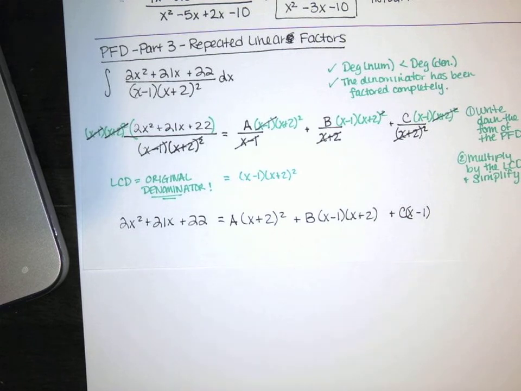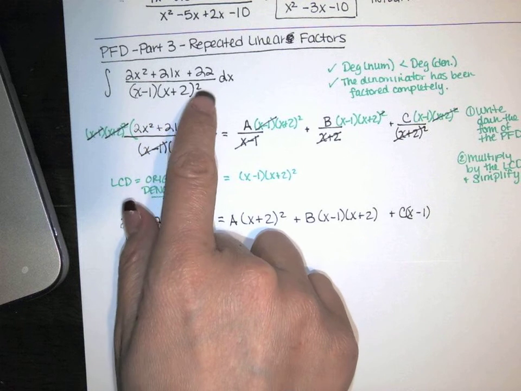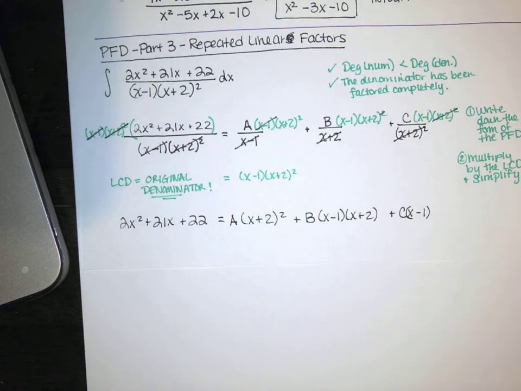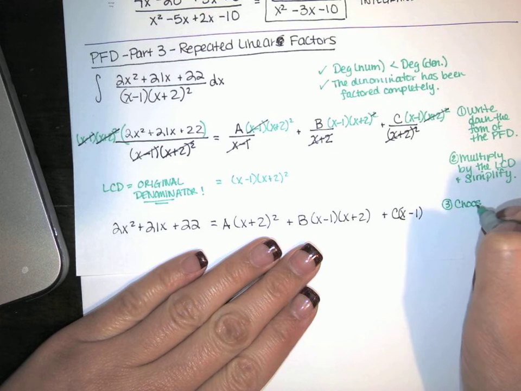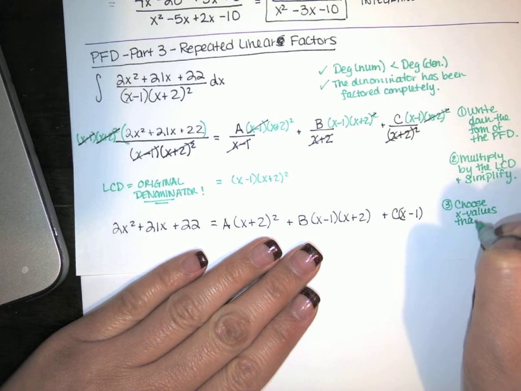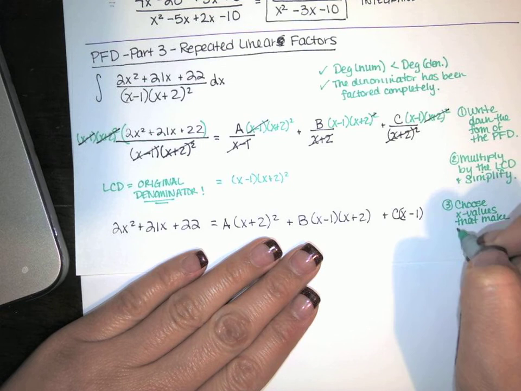And because of the repeated factor, because of that x plus 2 squared, it's not going to be enough. We're also going to have to choose a third x value. But we're going to start in the same way that we started on the last set of problems. So choose x values that make the factor 0.